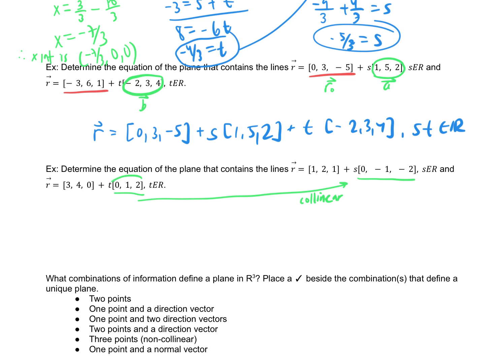So I'll use this as vector A. But for vector B, I'm going to have to create another direction vector using the 2 points I'm given, and hopefully I don't get another collinear vector. So 3 minus 1 is 2, 4 minus 2 is 2, 0 minus 1 is negative 1. That works. We have two non-collinear vectors, and then I'm just going to use this one as R naught.